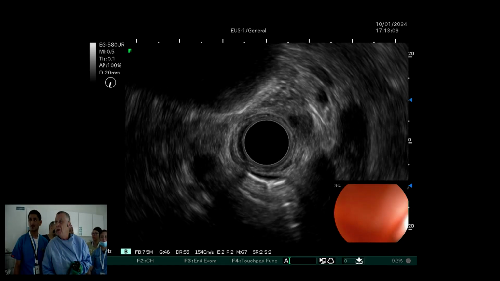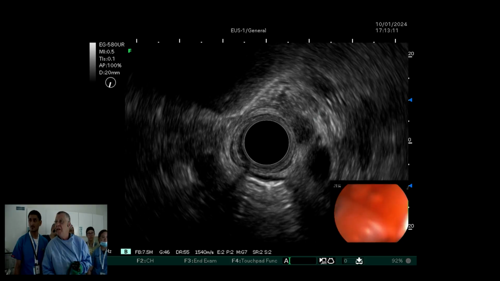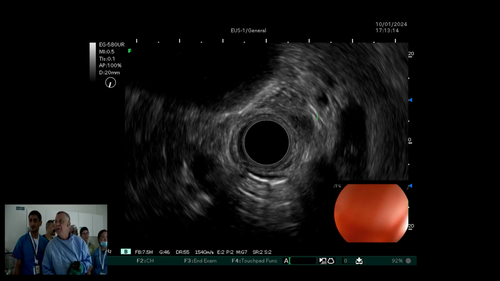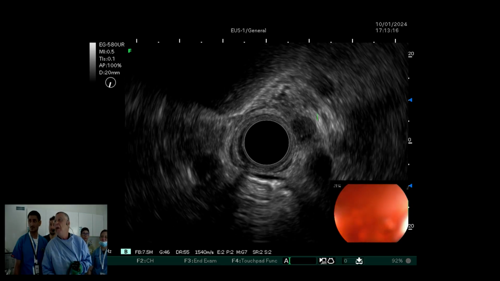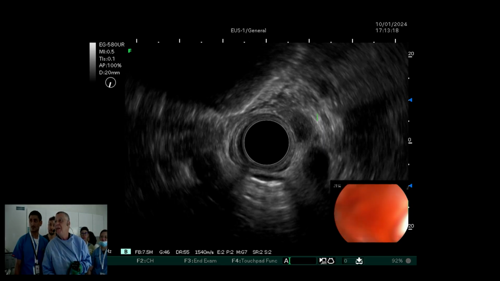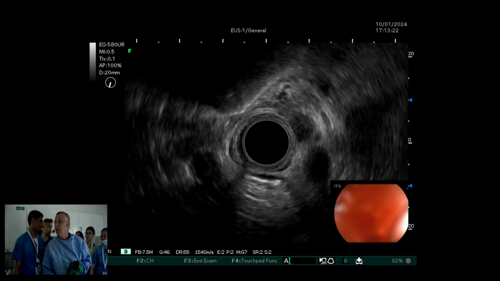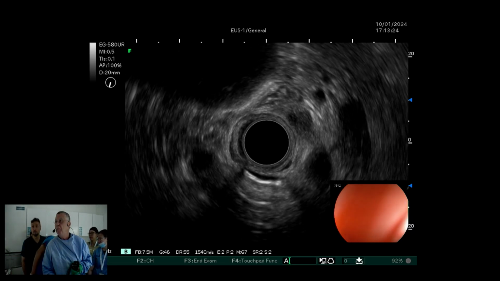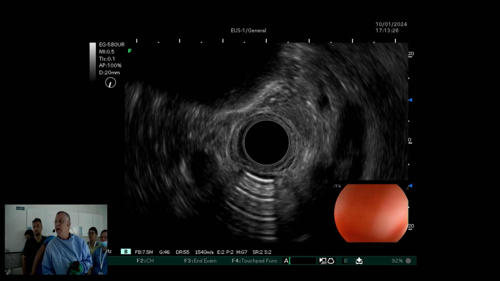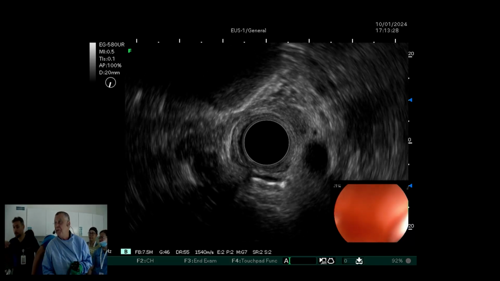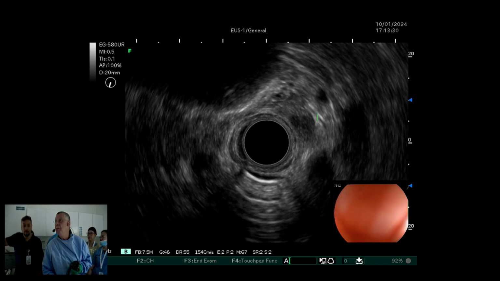It's hypoechoic, well demarcated, slightly heterogeneous, and it's around, I don't know, 6 or 7 millimeters, and it's far from the tumor. We are at the upper part of the posterior mediastinum, and it's typically positive. And if we do a biopsy, it will be positive.